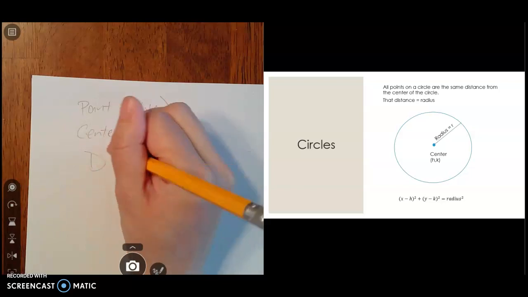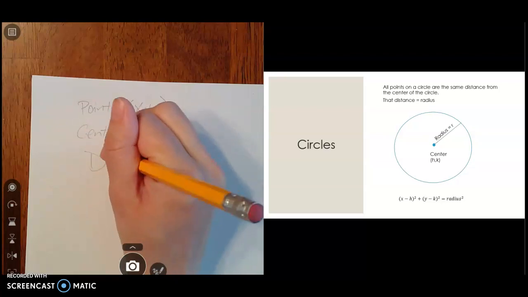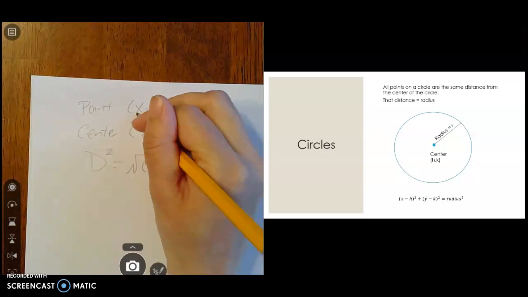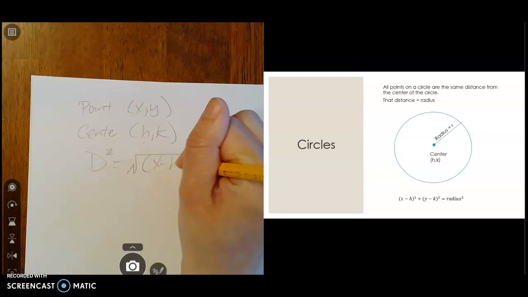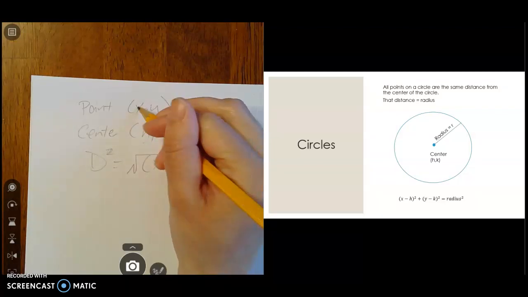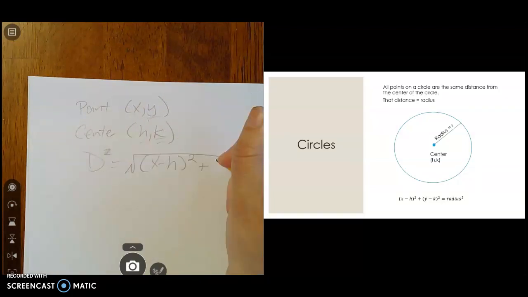So we'll just say the distance formula here. Distance is x minus h squared, so that's x1 minus x2, or x2 minus x1, however you want to do that, plus the difference in our y coordinate, so that would be y minus k squared.